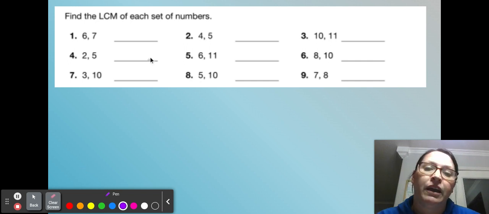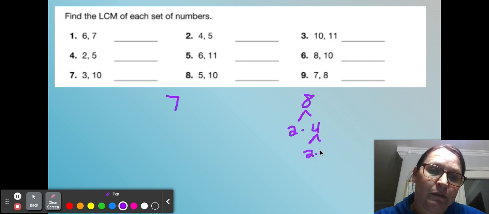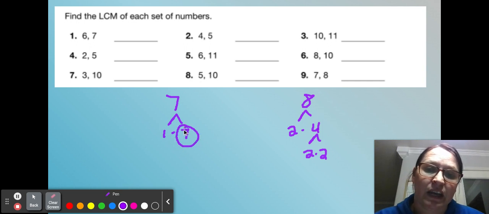Let's look at number 9. 9 has 7 and 9 has 8. 8 is 2 times 4, and 4 is 2 times 2. 7 is 1 times 7. Take each of my factors because I don't have anything common.